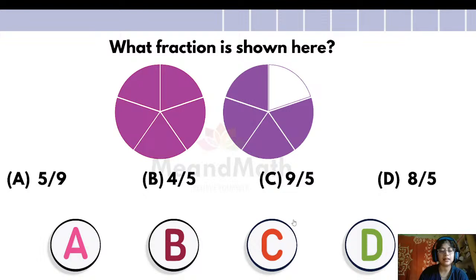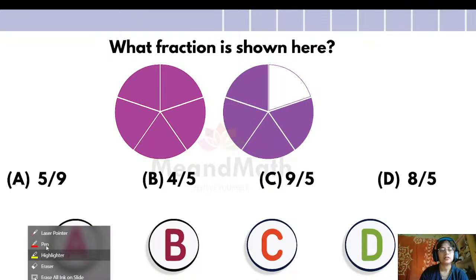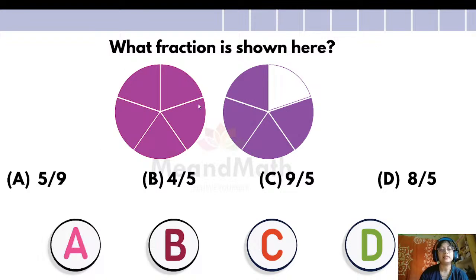Okay, so I think we can start discussing the answer now, and we can find out which is correct. It's B or C. So let's see. First we'll take the first circle and see what fraction it is showing. It is divided into how many parts? As you can see, it's divided into 1, 2, 3, 4, and 5 parts.